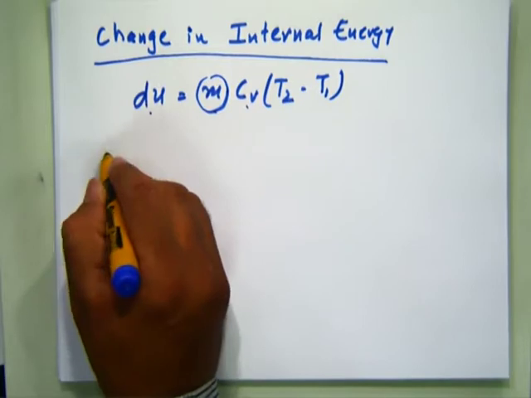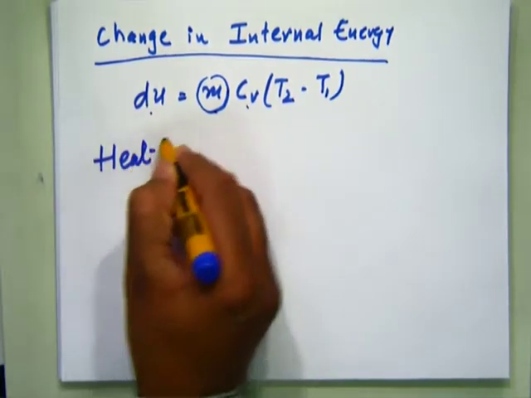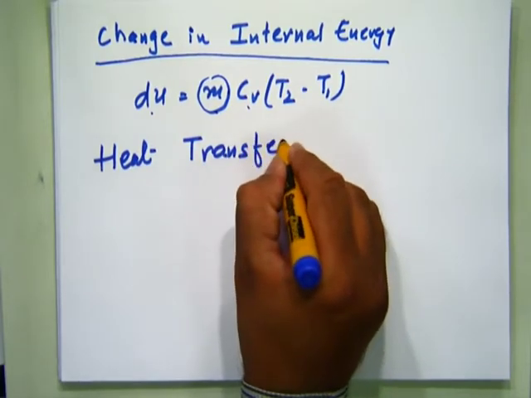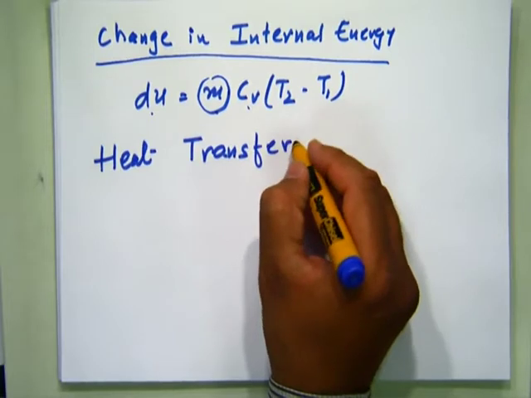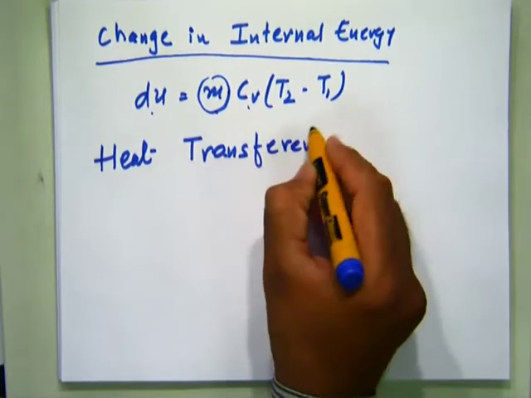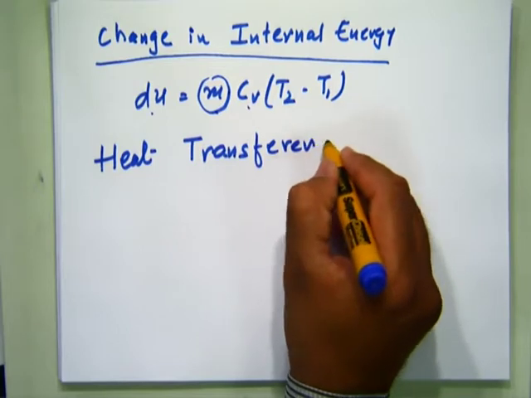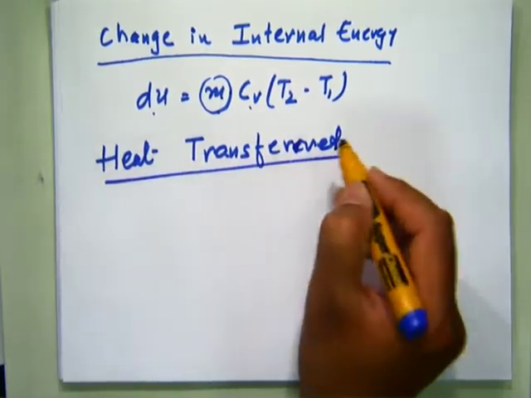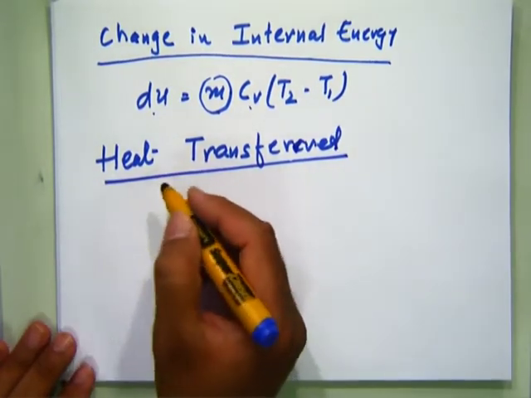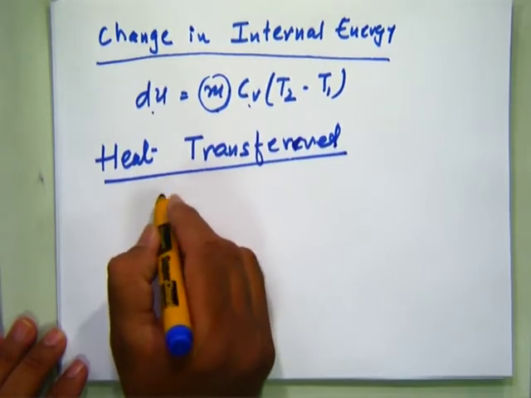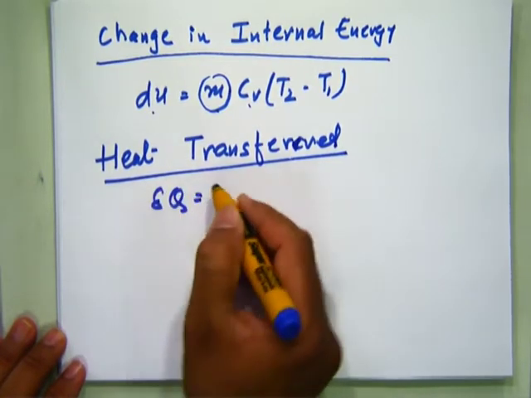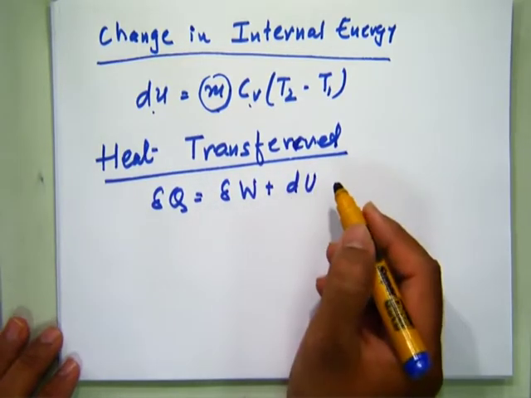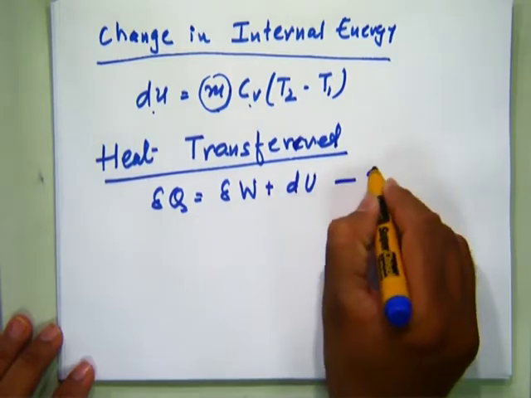Next is the heat transfer. How much heat transfer takes place? We have delta Q is equal to delta W plus dU. This is according to the first law of thermodynamics.